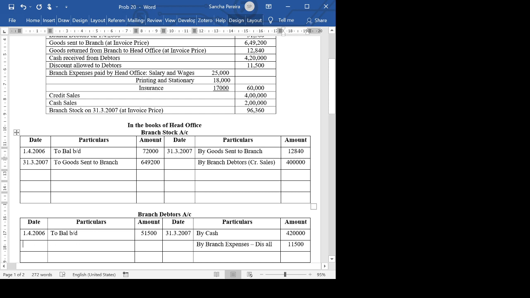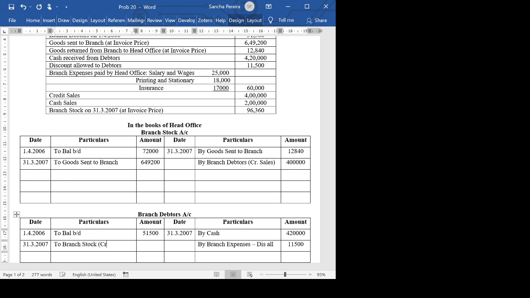And here we have 31st March 2007, to branch stock, credit sales, 4 lakhs. And then we have cash sales, 2 lakhs. Again, cash sales doesn't affect anything except if we had a cash account, but we don't have one. By cash sales, which is 2 lakhs.